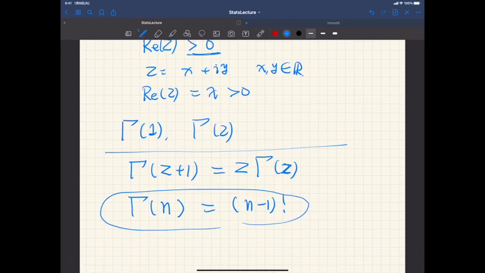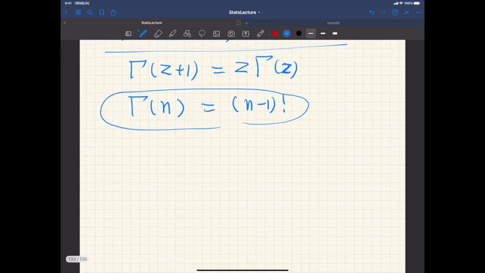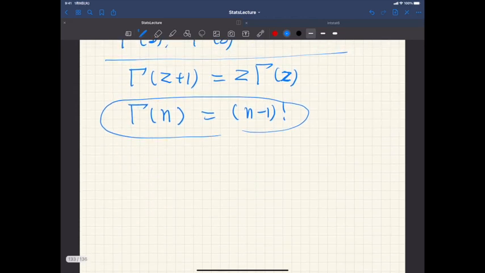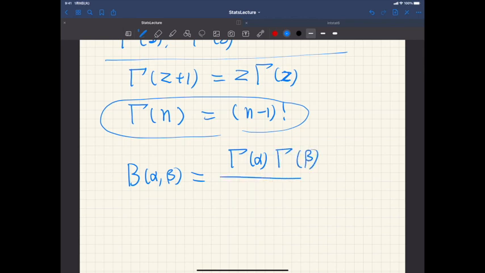And there's a relationship between this gamma function and the beta function. That is B(α, β) is equal to Γ(α) times Γ(β) over Γ(α+β). Can you prove this?